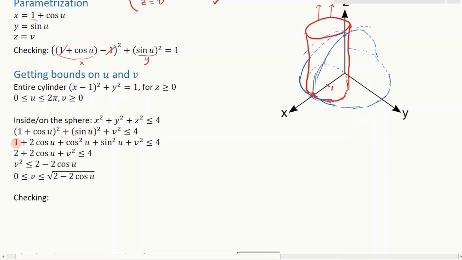Then I expanded everything, so I got 1 plus 2 cosine u plus cosine squared u, plus sine squared u plus v squared is less than or equal to 4. Then I combined these two things equal to 1, so 1 plus 1 equals 2, and this 2 cosine u is here, and then plus v squared is less than or equal to 4.